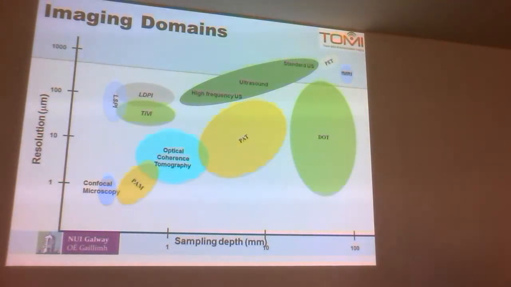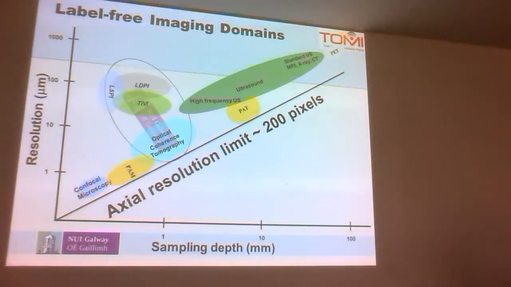And we used to put it like that, but then when we actually started looking at what are the real depths and the real resolutions in tissue, it turns out that they're all above this 200. I probably shouldn't say 200 pixels, I should say that the depth to resolution quotient is always worse than 200.